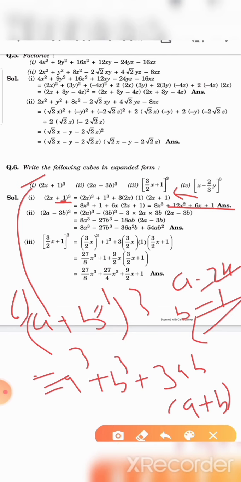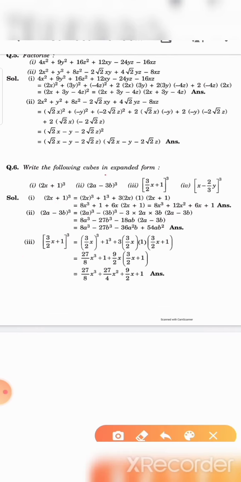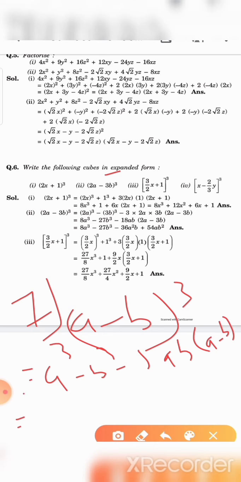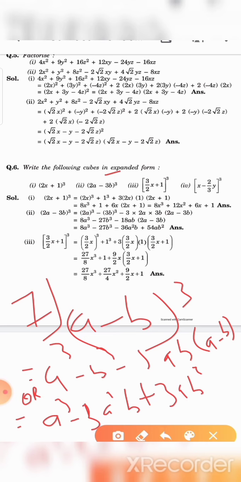Similarly, in question number 2, here a minus b whole cube. So here we use our identity number 7, a minus b whole cube. The identity expansion is a cube minus b cube minus 3ab into a minus b, or in the second way we use a cube minus 3a square b plus 3ab square, and last minus b cube.